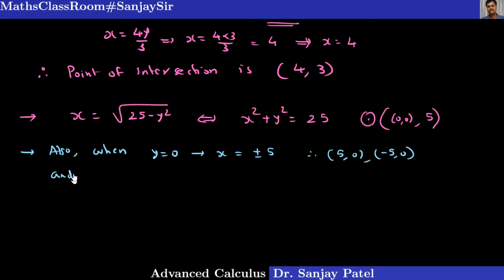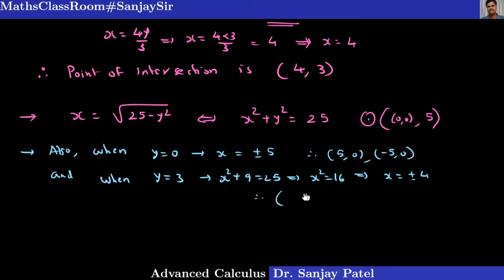And for the second value of the limit of y, that is y equal to 3, we will get x square plus 9 is equal to 25, and that gives us x square is equal to 16, and therefore x is equal to plus or minus 4. So the points of intersection in this case are 4 and 3 and minus 4 and 3.